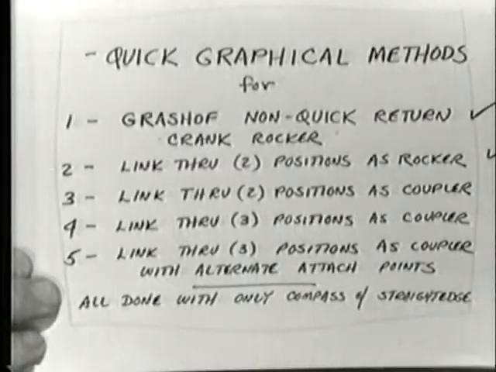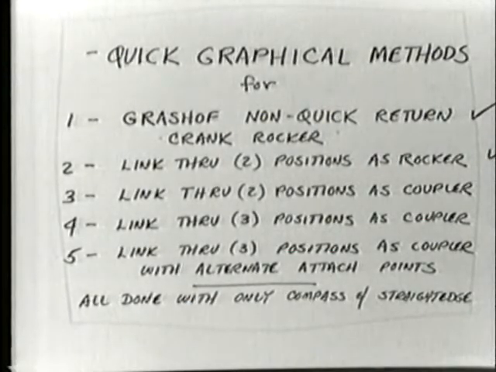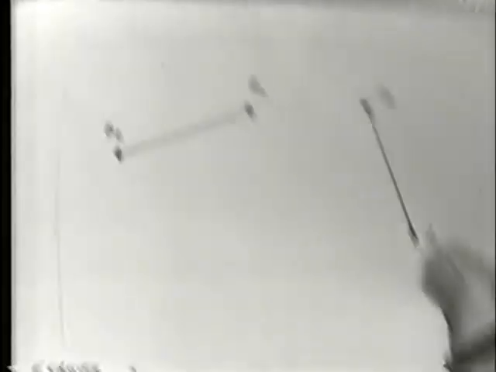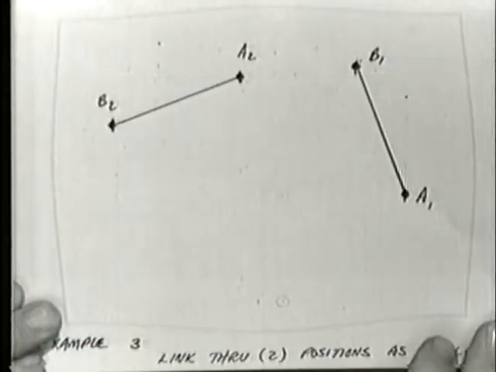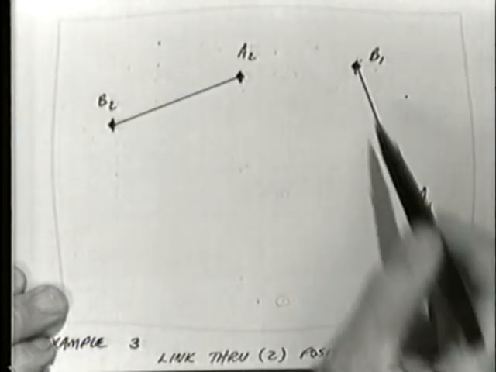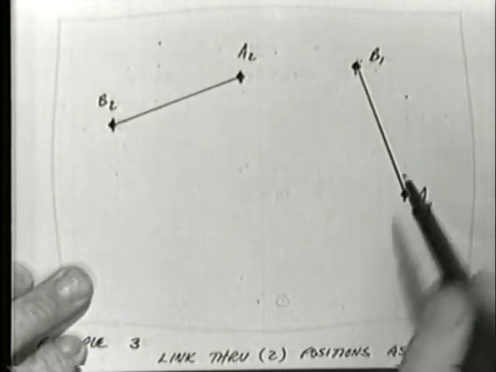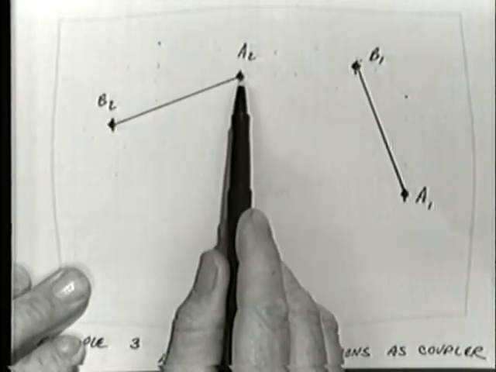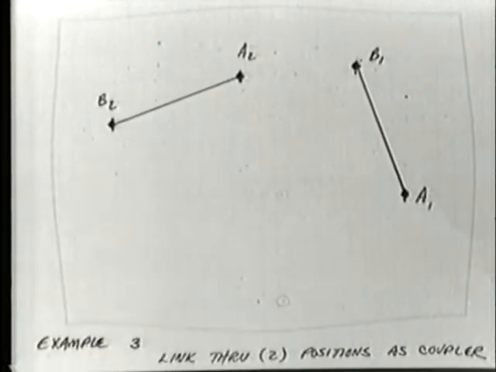Now we want to move the link through 2 positions, but have that link end up being the coupler in the final 4-bar linkage. And to do that, we'll take a slightly different problem here, which again has a line defined as A1, B1 in this case, later on to be in position A2, B2.